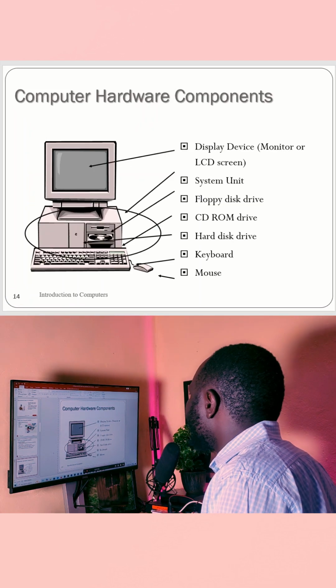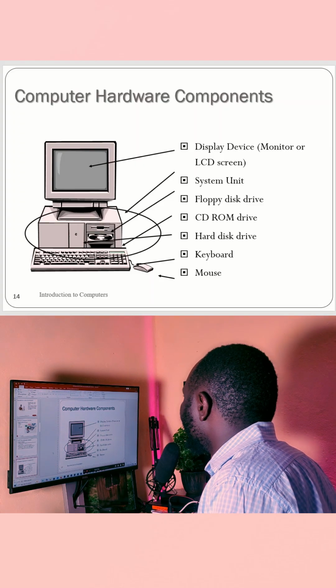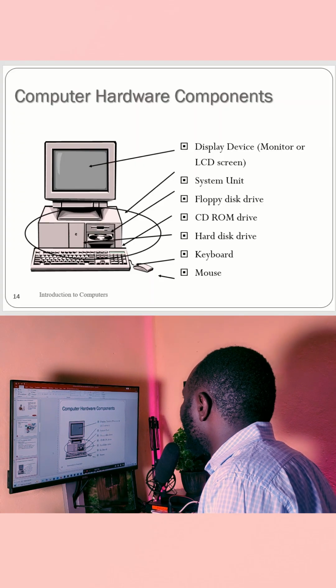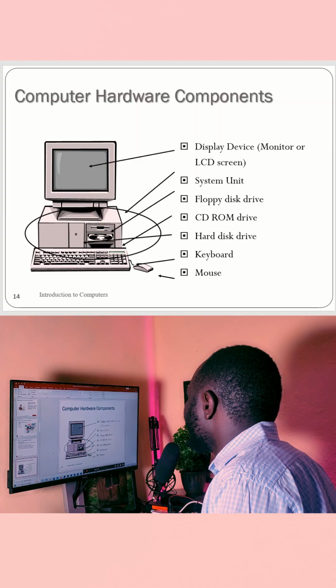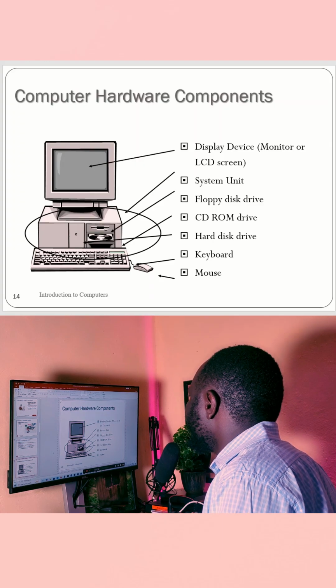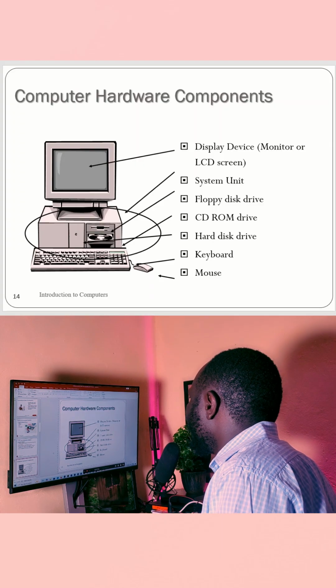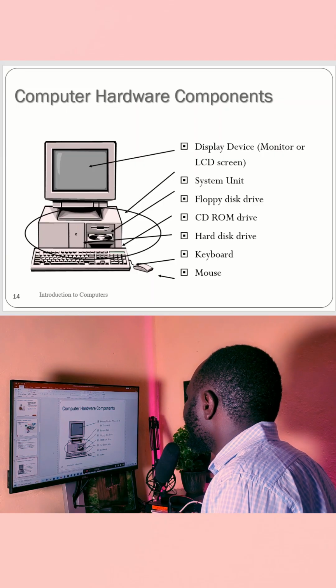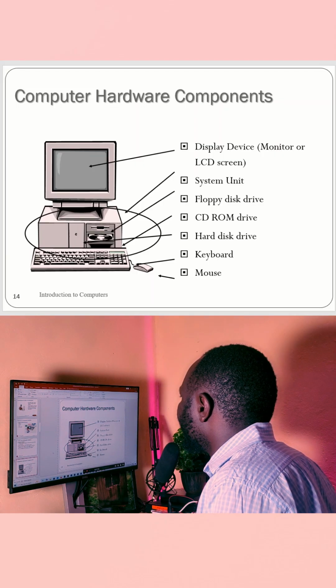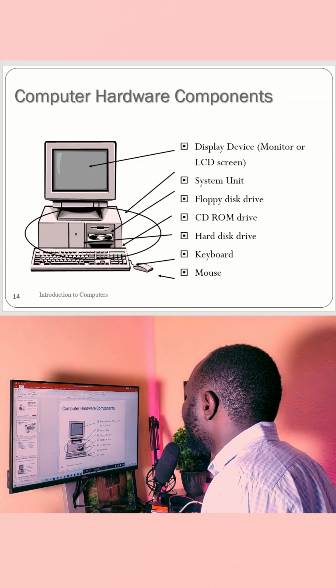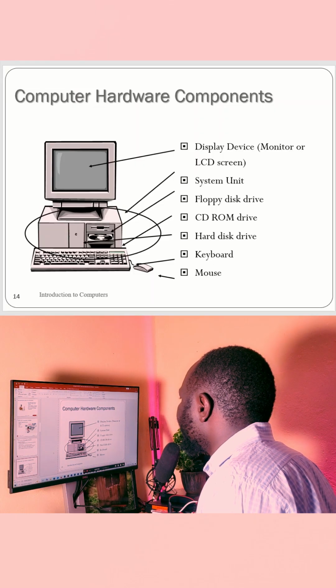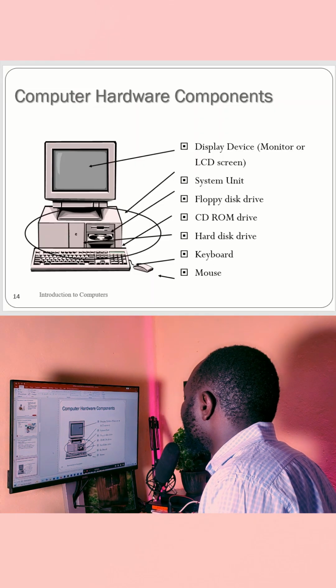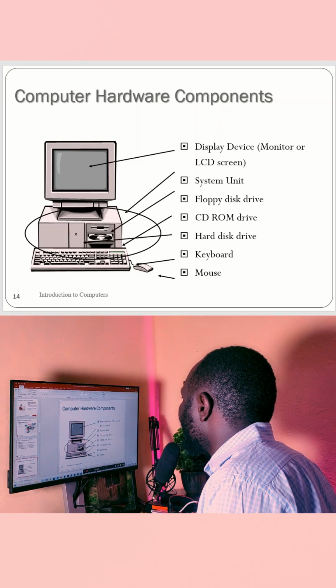And examples, we have them here. We have the displays, where we have the monitor or LED screens, liquid crystal display screens. We have the system unit, what most people call CPU, that big case which houses everything. It's known as the system unit, not the CPU.